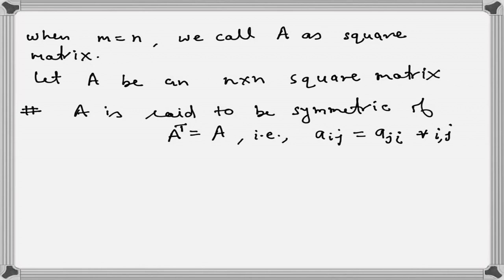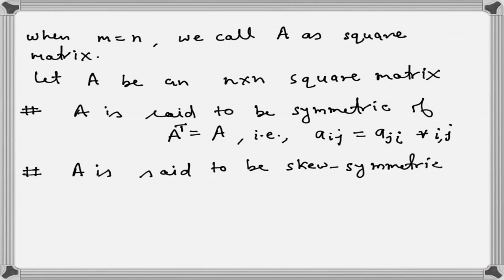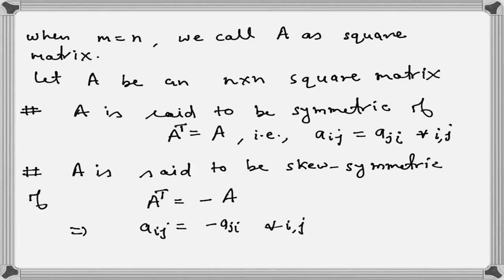Similarly, we say A is skew-symmetric if A transpose is equal to minus A. This implies aij is equal to minus aji for all i and j.